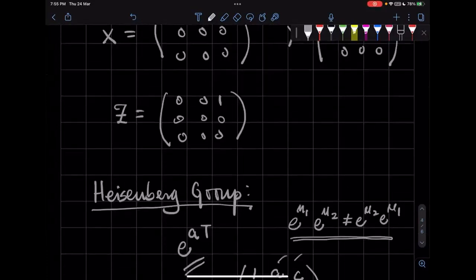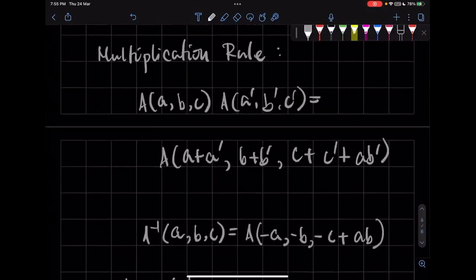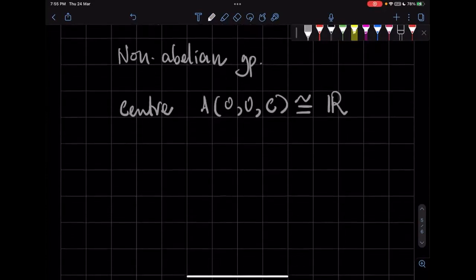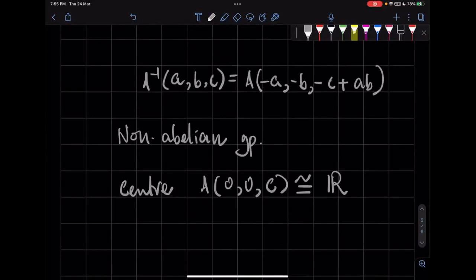Even this multiplication rule shows you that it's non-abelian, because if you switch these two, then this thing becomes A'B, right? Oh, sorry, I missed the interference term. Yes, so that's basically how we know that it's non-abelian, right? Okay, good. Any other questions about the Heisenberg group?